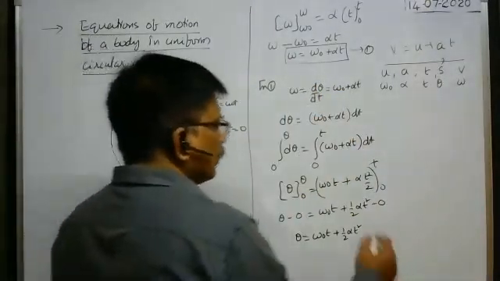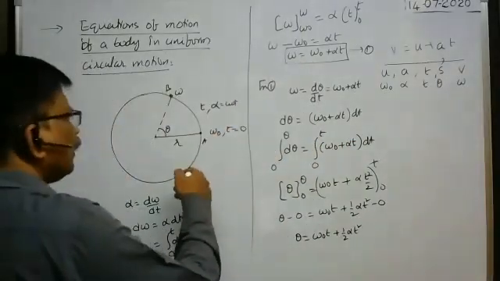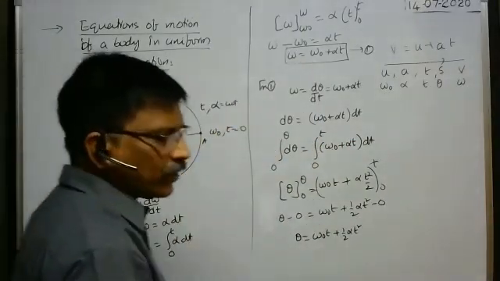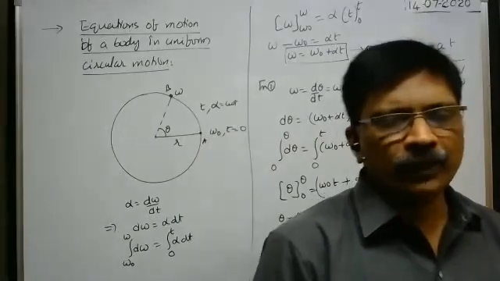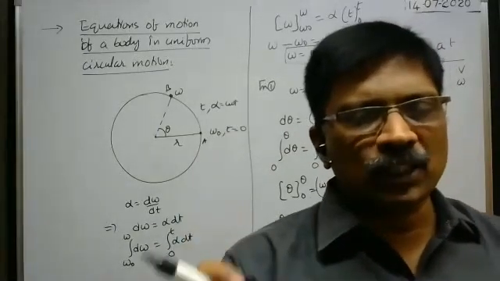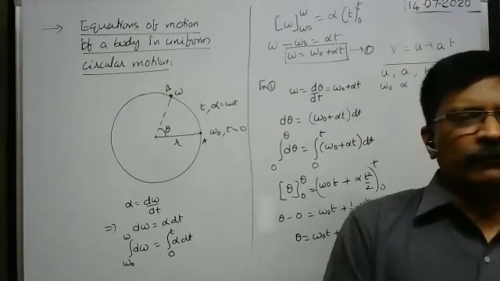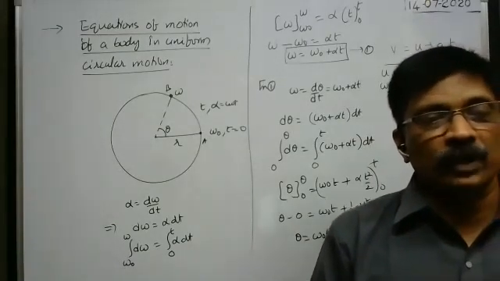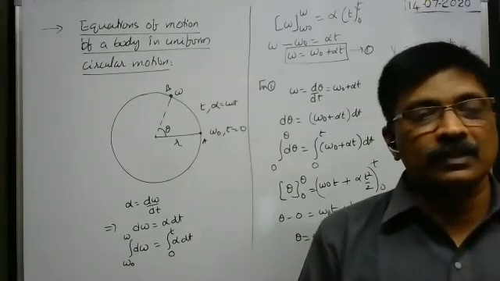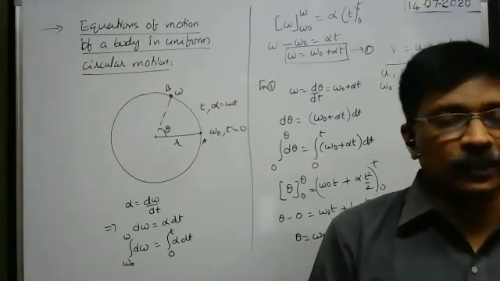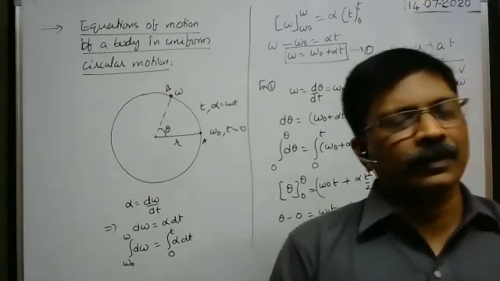Here, suppose the body completes one rotation. What is the angular displacement? When the body completes one rotation, what is the total angular displacement? 360 degrees means 2 pi radians. You have to say 2 pi radians.